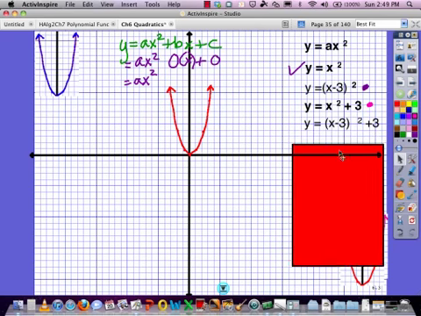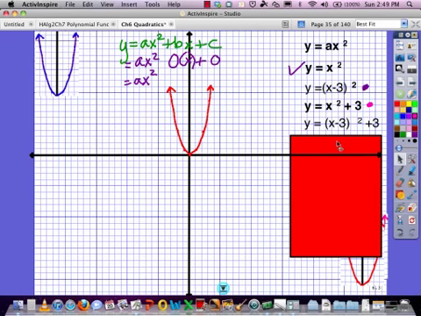And let's reveal our last but not least. Now this time, what's going to happen when we put both pieces together? We add something in the squared component, and on the outside of the squared component. So if you notice what we did last time, you should be able to make a good hypothesis about what's going to happen.